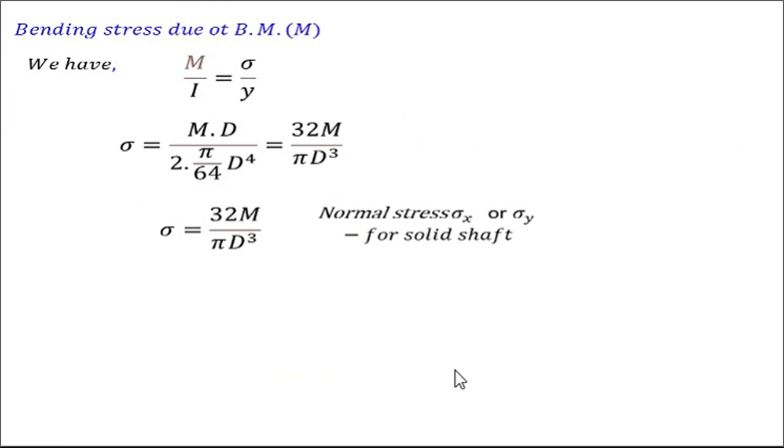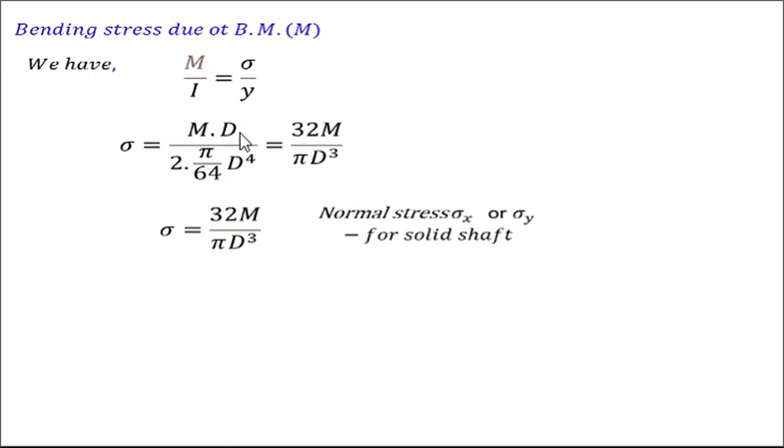So we can determine the bending stress due to bending moment. We have the flexural formula, which we studied in unit number 3, bending stresses. We can take the help of this formula: M upon I is equal to sigma upon y. So sigma is equal to M y upon I. Here y is the distance of the centroid from the extreme fiber.